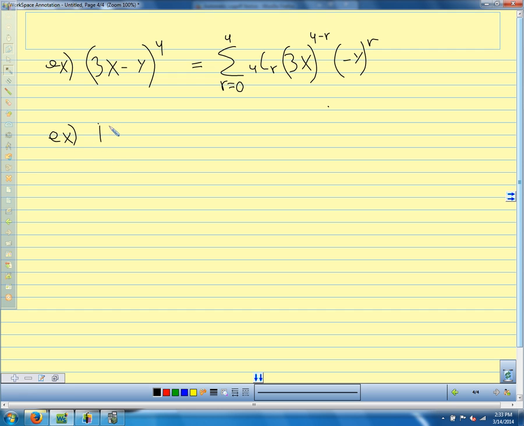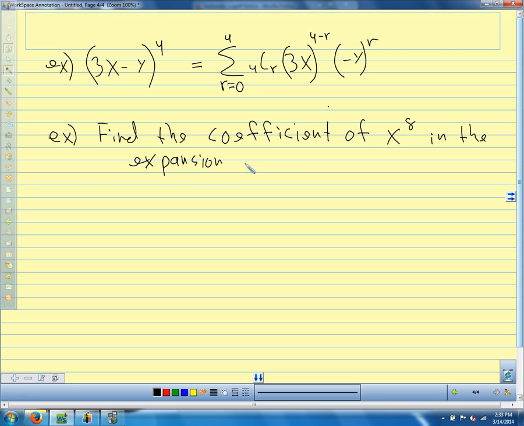So we want to find the coefficient of x to the 8th in the expansion of (x squared plus 2) to the 12th power.